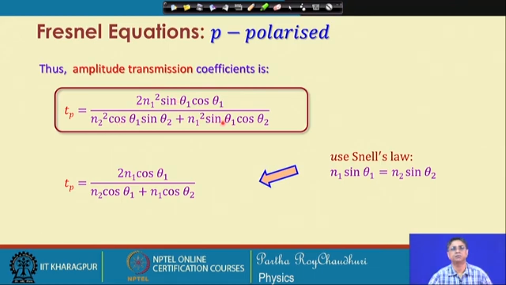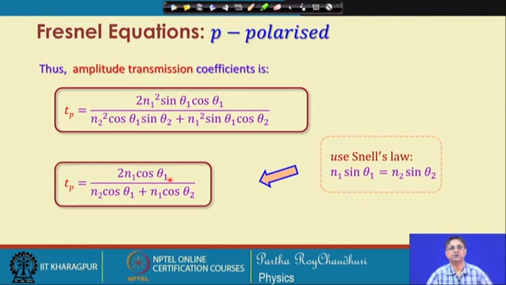So, from both the places we can take out n1 sin theta 1, which appears in both the terms, and from the numerator as well. As a result, you will get Tp, this amplitude transmission coefficient, in this reduced form, that is twice n1 cosine theta 1 over this. This expression is also very often used in Fresnel reflection transmission amplitude coefficient calculation.